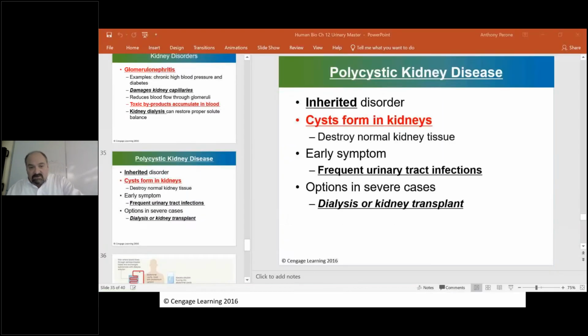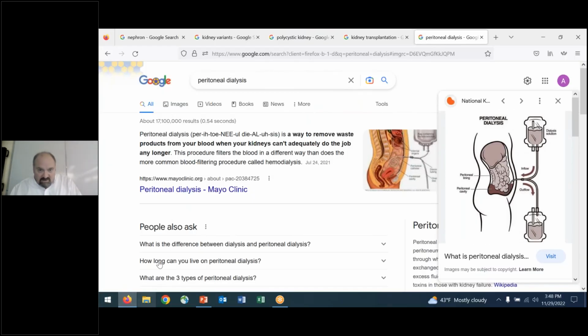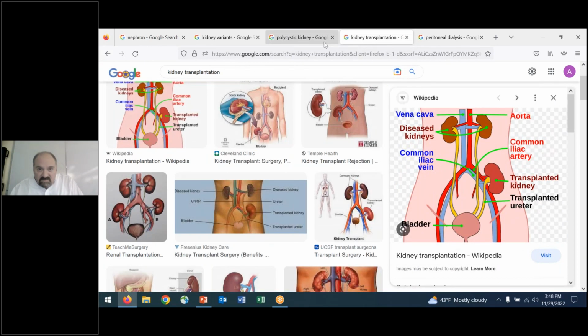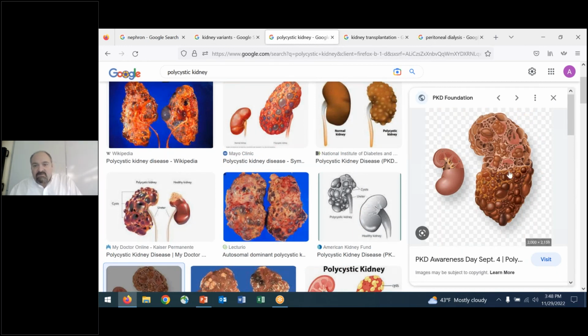I want to show you something also here. So let me show you online here. Let's see, right here. Yeah, look at this. So folks, see how large the polycystic kidney is in comparison to a regular kidney? I want to show you that here on campus, the difference between a polycystic kidney and a healthy kidney.